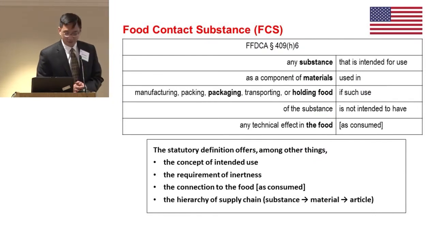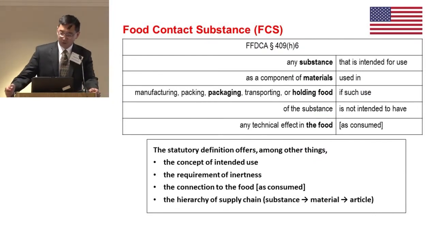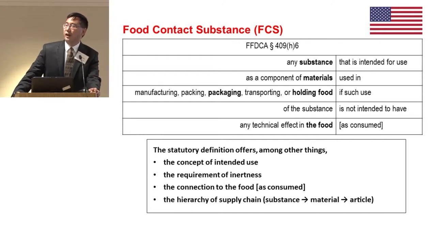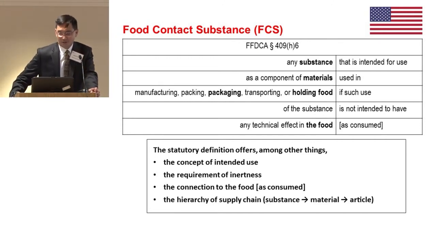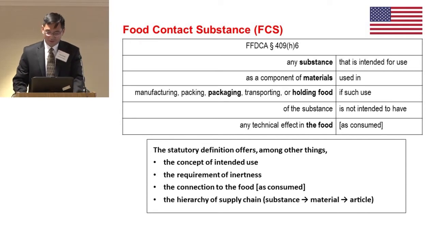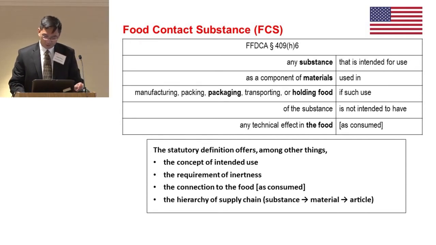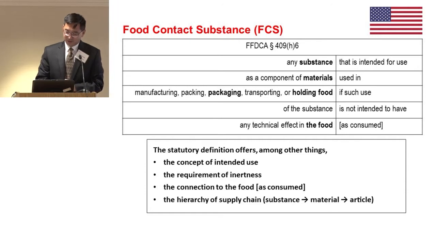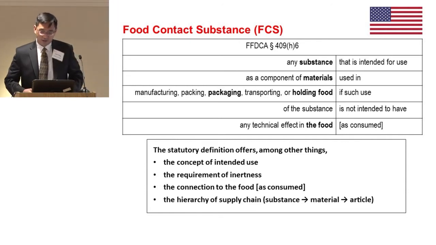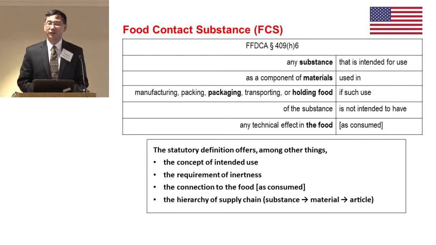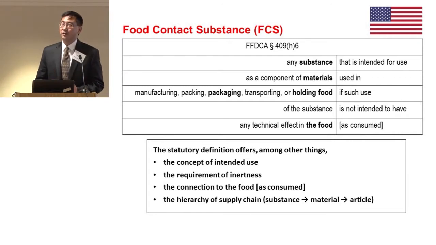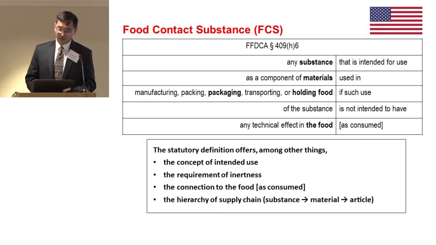I think every talk will always have to touch on 409(h)(6), the definition for food contact substance. I'm not a lawyer, but I thoroughly enjoy this passage. It's good to have a group study analyzing the wisdom that's been imparted into this language.